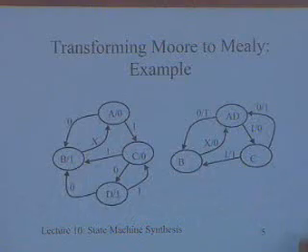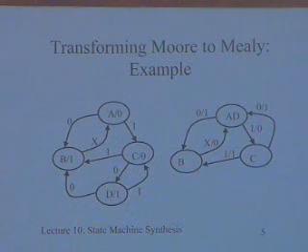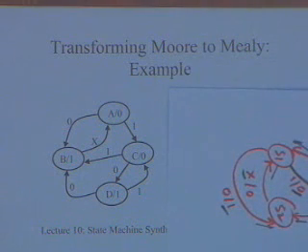The splitting is very easy from Mealy to Moore, but if you want to transform from Moore to Mealy, so I have this particular Moore machine and I need to transform this Moore machine into a Mealy machine. What will happen in the Mealy machine is basically the outputs will be preponed, isn't it?